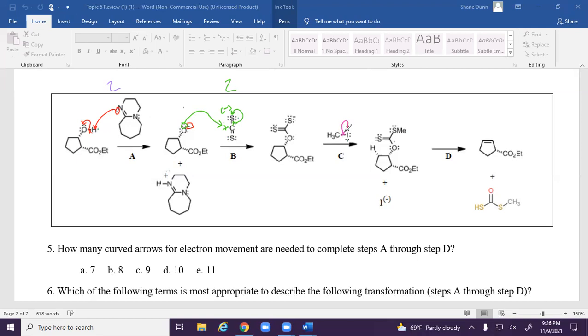So it breaks, steals a bond, making the guy positive. This guy will use the electrons here to go there, make a methyl group. Another 2. Okay. This making some sense? Yeah.